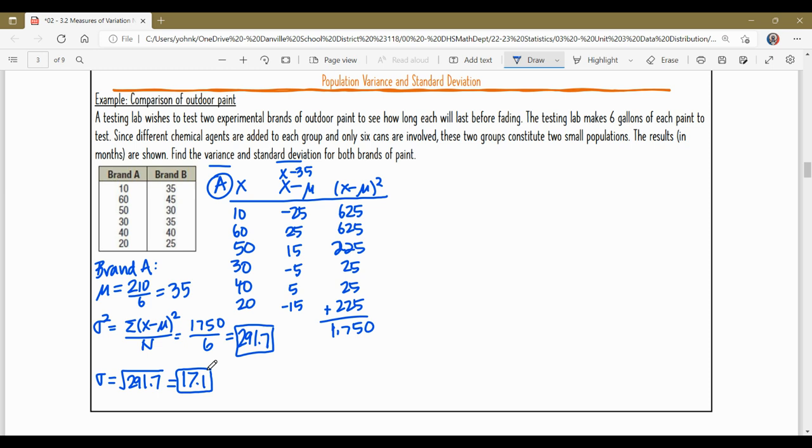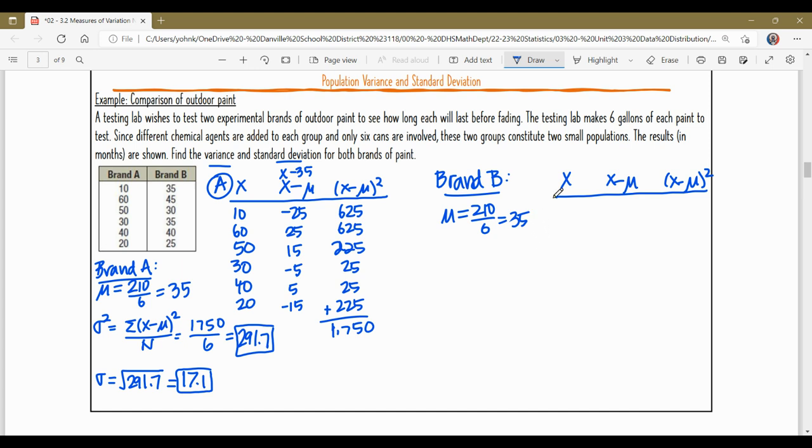It's kind of far. Let's see what goes on with brand B. So let's do brand B over here. All right, so brand B has a mean also of 35. When we do our table for brand B, we have x minus mu, and x minus mu quantity squared.